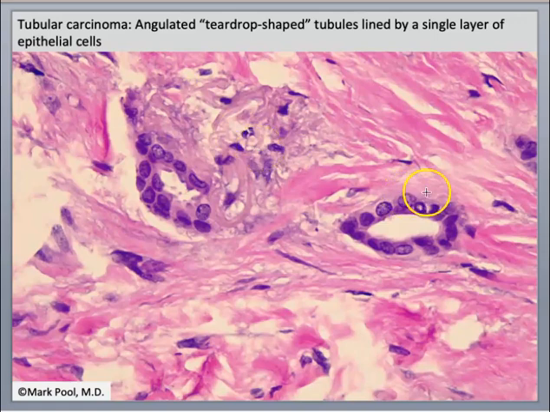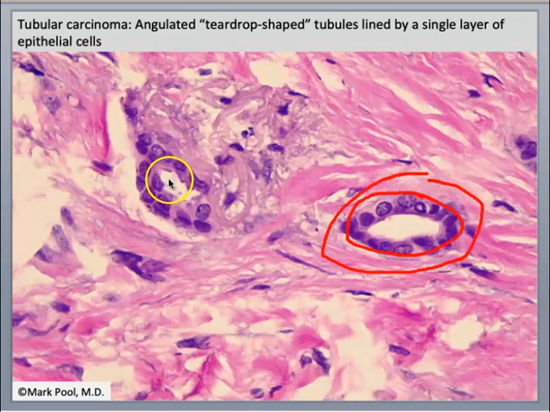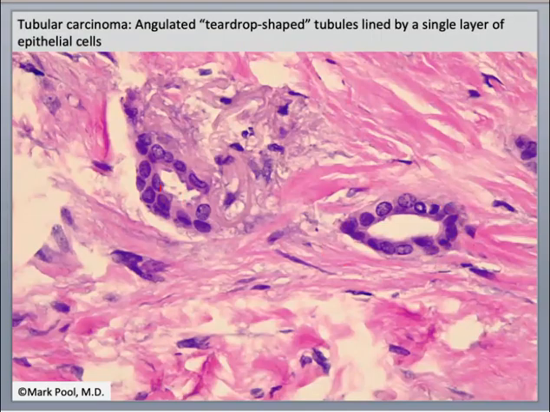Sometimes you'll hear them referred to as teardrop shaped because these tumor glands are kind of compressed by the surrounding desmoplastic fibrous stroma. Again, these form a single layer of neoplastic epithelial cells, and sometimes you can see these little apical snouts associated microscopically with the neoplastic glands.